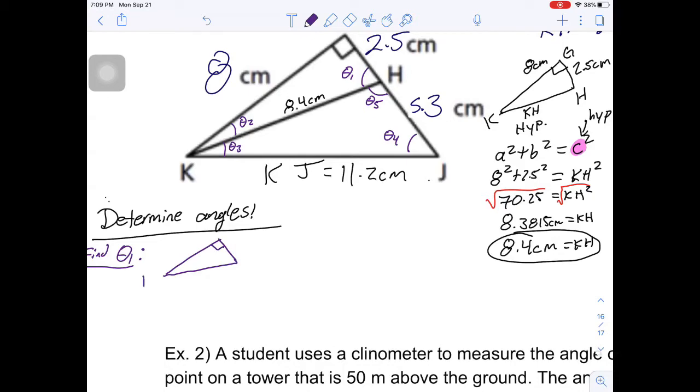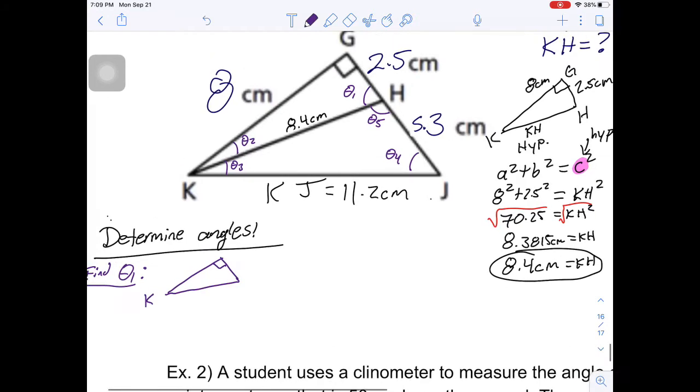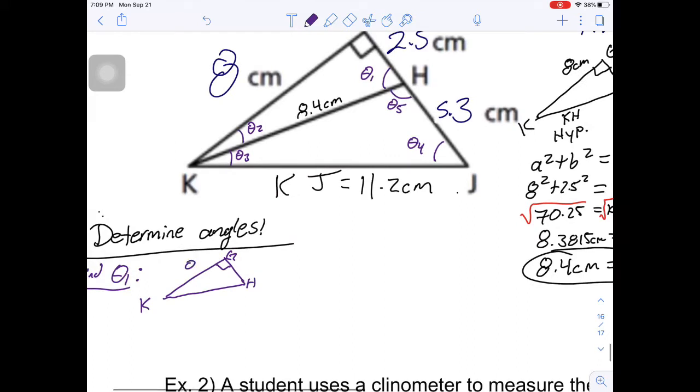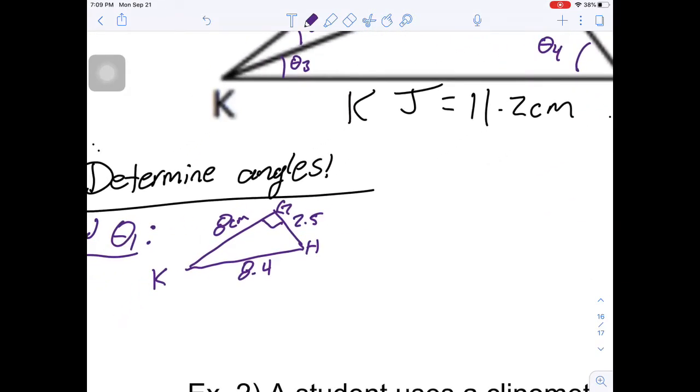So this is K to G to H. Remember, this is 8 centimeters, 2.5, and this is 8.4. Okay, how am I going to find this angle? Well, I have lots of options.